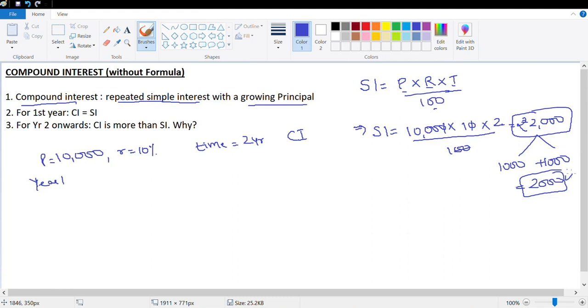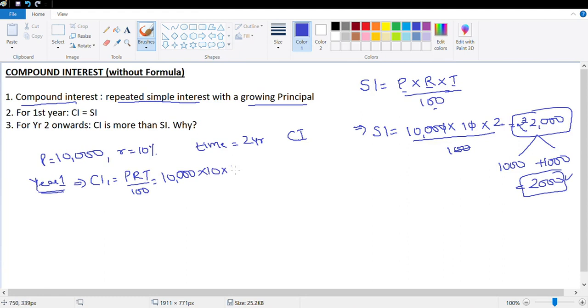Let's look at compound interest. In case of a compound interest, the simple interest for year 1 and the compound interest for year 1 will exactly be the same. Let's see the calculation. So compound interest for year 1 would be equal to P R T upon 100, same formula, principal 10,000, rate 10.